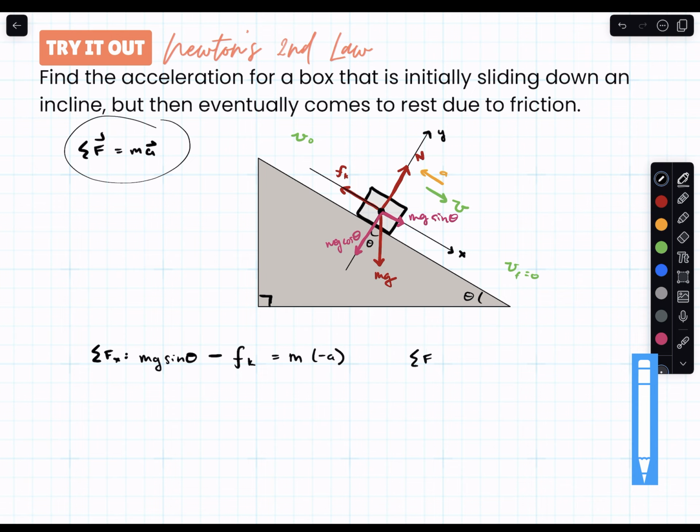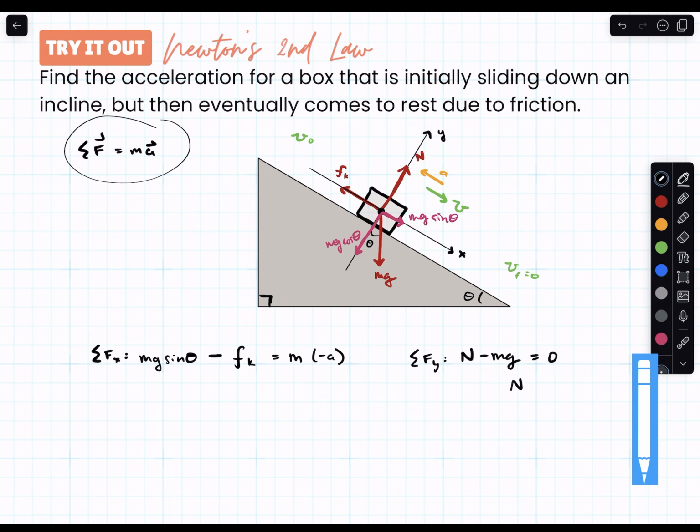For the y direction, we have n in the positive direction minus mg, which is the weight. And of course, we have no acceleration in the y direction, so this becomes ma_y, but that's going to give us 0 because there's no acceleration.